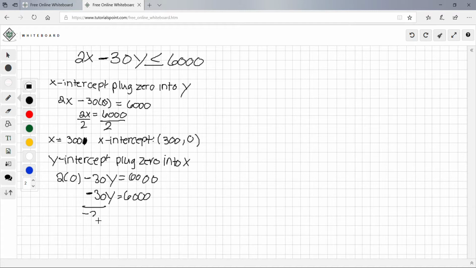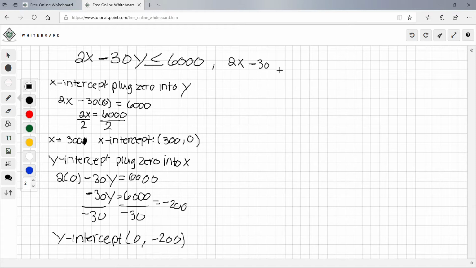Divide both sides by negative 30. So we get a y-intercept of 0, negative 200, because this becomes negative 200. So I could rewrite the original inequality as 2x minus 30y equals 6,000.